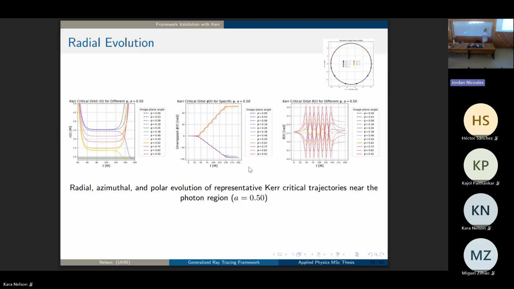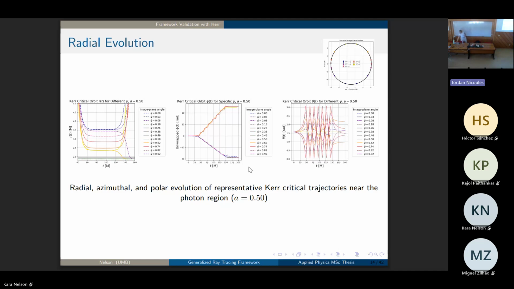This is something that we've tried to explain and looked into a little bit more, that maybe you don't get in other plots. So we basically see some frame dragging effects and some asymmetry. And then we have our polar coordinate, which oscillates from the North Pole to the South Pole.